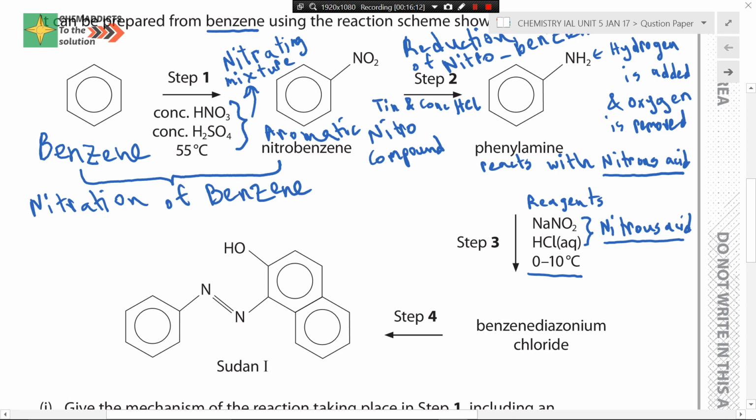So now let us briefly study the structure of this benzene diazonium chloride. This is the benzene ring. I know I can't draw perfectly, my drawing is really bad as well as my handwriting, really sorry for that.